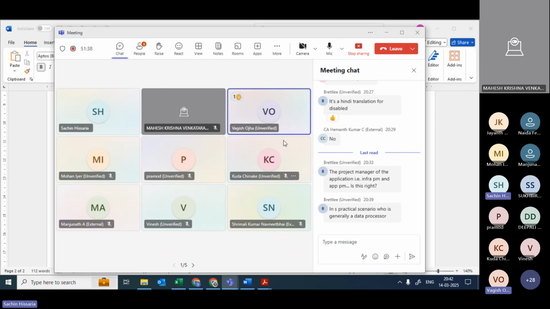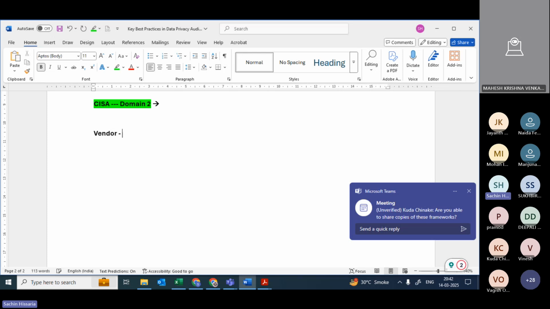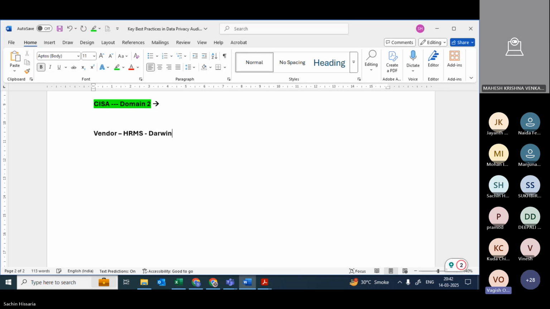I have a query. Yeah, please tell me. For example, if we are using a vendor for providing HRMS services, since our employees' data is stored on an application that is controlled by a third party, how will data privacy come into this scenario?